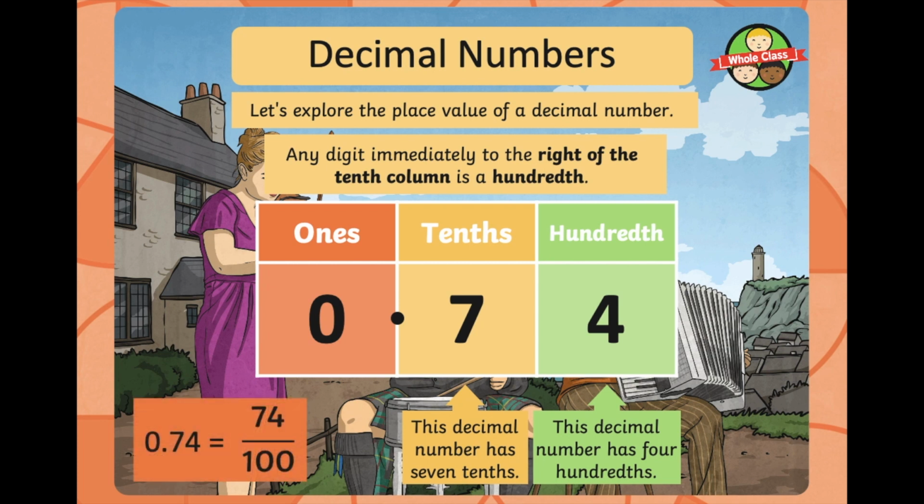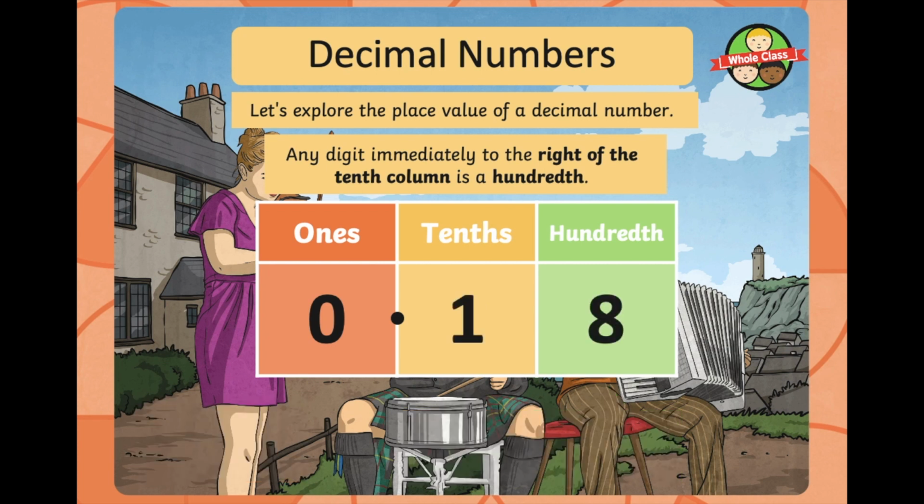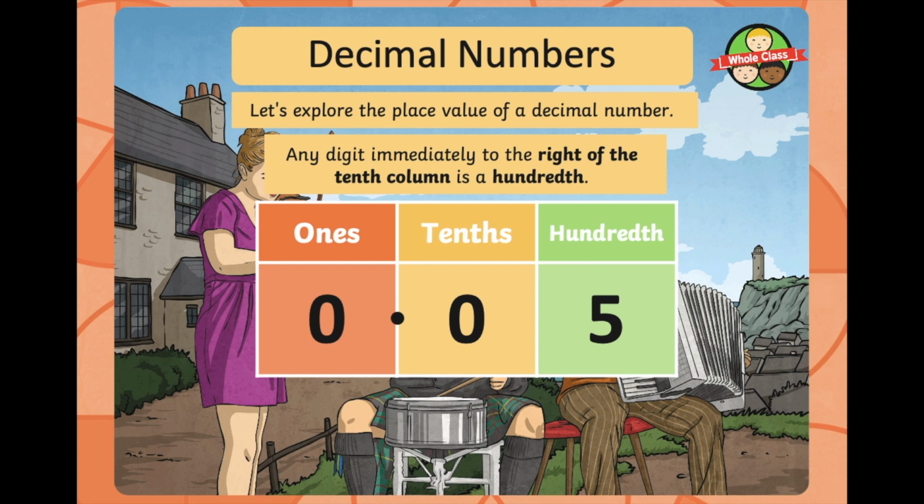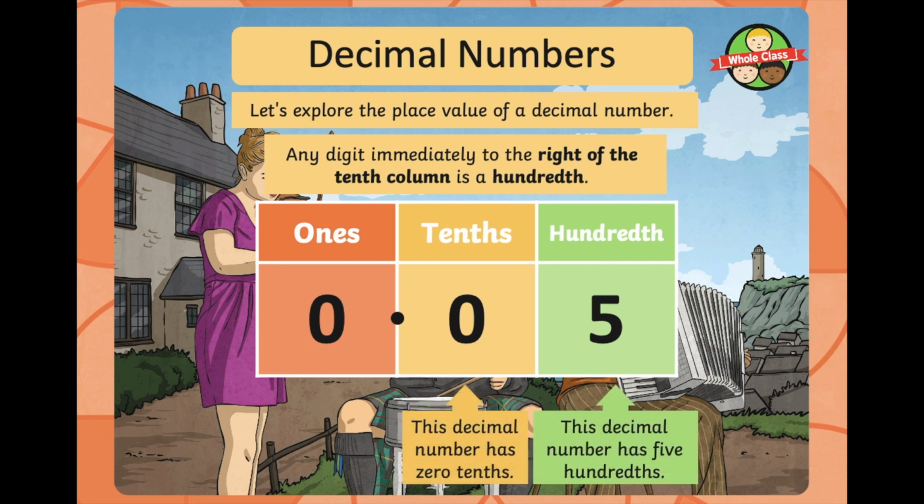And it looks like 74 over 100 as a fraction. This decimal number has 1 tenth and 8 hundredths. It looks like 18 over 100 as a fraction. This decimal number has 0 tenths and it has 5 hundredths, 0.05. And it looks like 5 over 100 as a fraction.